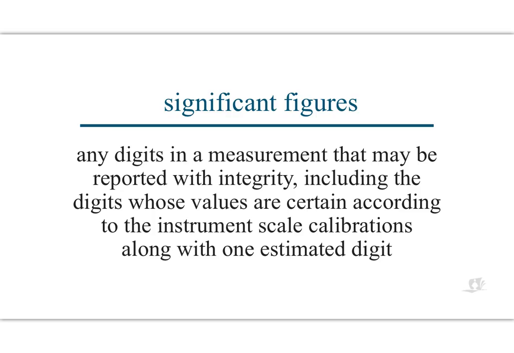And you can only get as close as your instruments will allow you. And so that's what's important about significant figures: the integrity of what you are reporting is based on how accurate or precise your measurements are, your measuring devices, as we talked about in the prior section. Accuracy and precision. Well, then now we have to use our significant figures to indicate how closely we are getting to the measured data.